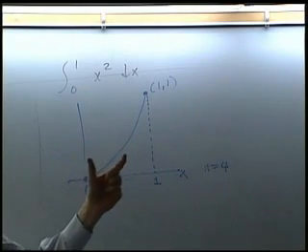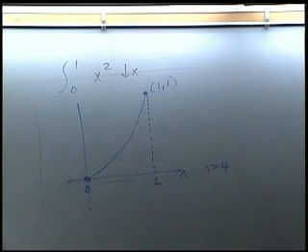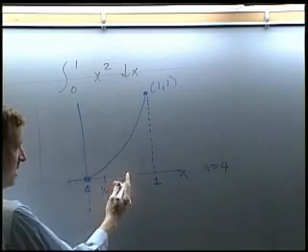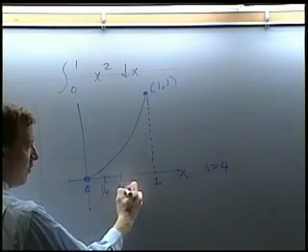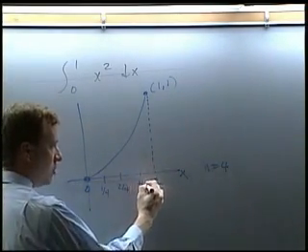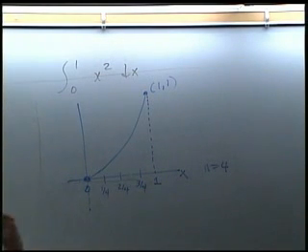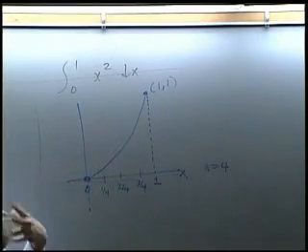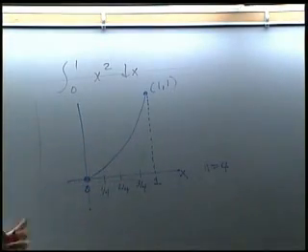Each one will be 0.25. So the first rectangle will go from 0 to 1/4. The next rectangle will go from 1/4 to 2/4, the next one from 2/4 to 3/4, and then the last one will go from 3/4 to 1. Okay? And so that's the first thing they did: instead of looking at it as one big shape, we split it up into 4 smaller shapes.